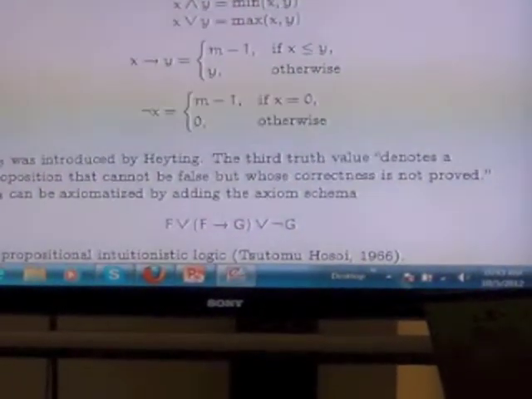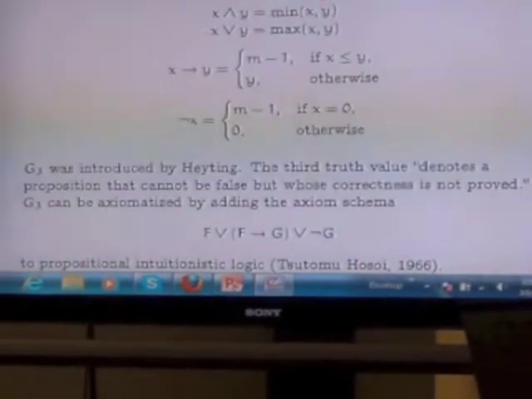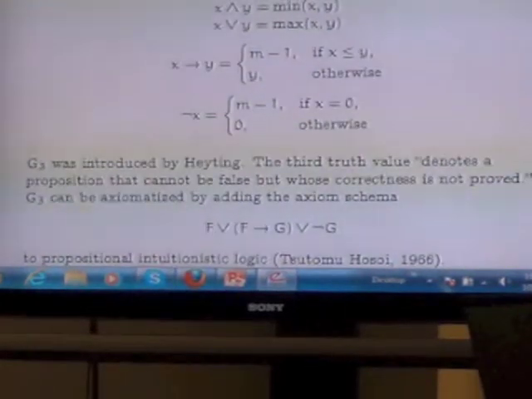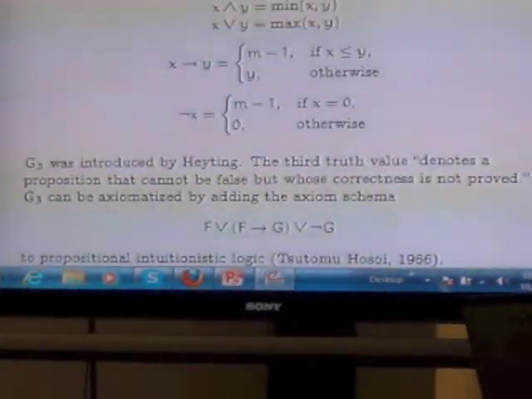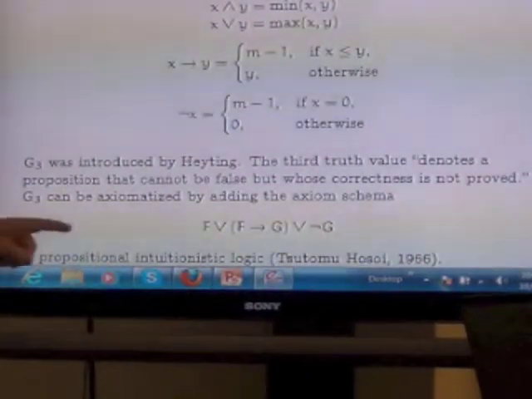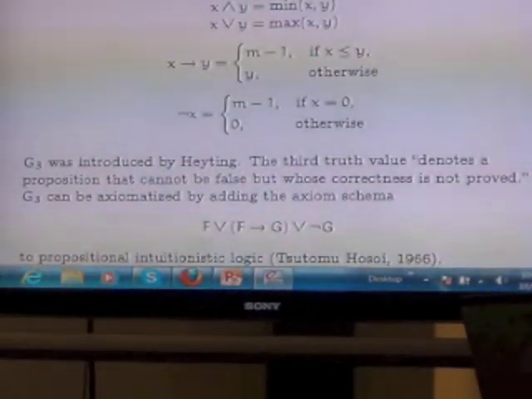That was kind of the intuition. But basically, G3 was a technical tool for him. And one way to axiomatize G3 was to take axioms for intuitionistic logic and then add this axiom schema, which is weaker than excluded middle, so it does not give us full classical logic, but it is just a little bit stronger than what's called weak excluded middle for formulas beginning with negation.